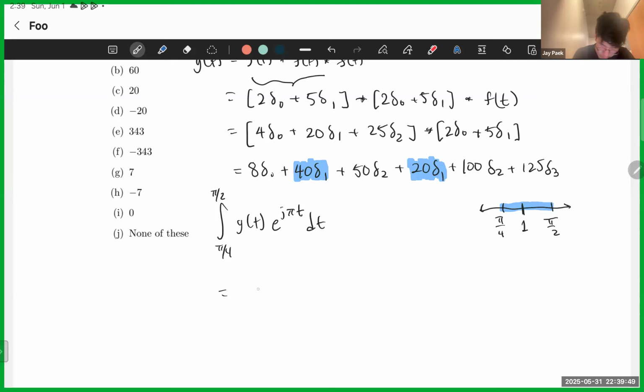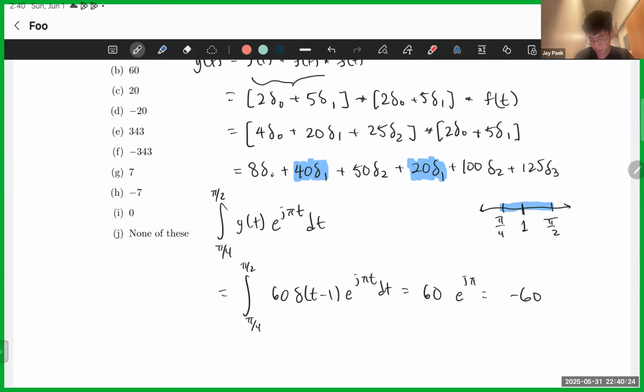And so this is just equal to g of t. Well, it's the same exact thing as integrating over delta of t minus 1 plus 60 delta t minus 1 e to the j pi t dt, which is 60 times e to the j pi, which is equal to negative 60.